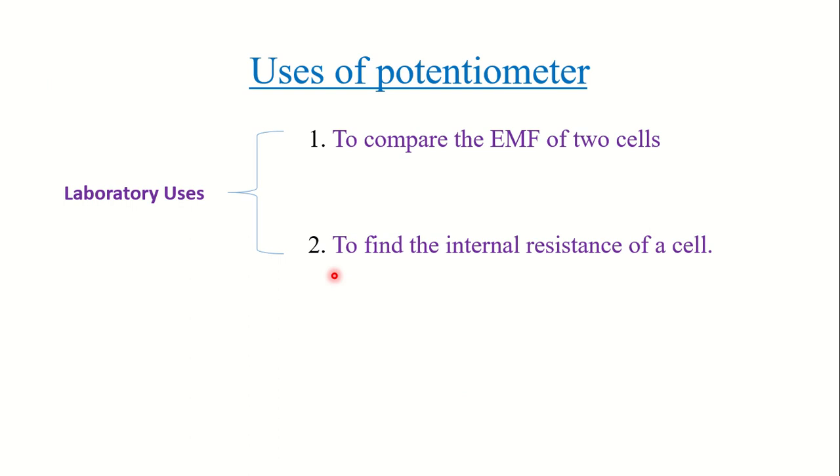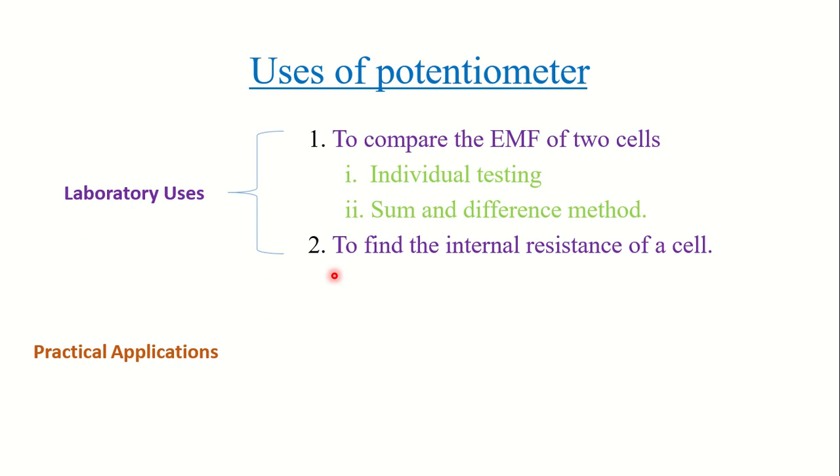We use it to compare the EMF of two cells, and secondly to find the internal resistance of a cell. To compare the EMFs of the cells, two different methods are used. The first one is the individual testing method, and the second is the sum and difference method.